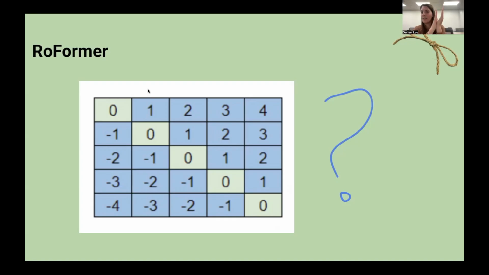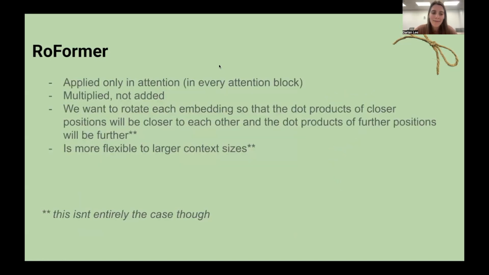And the vectors that are in further positions are going to be rotated further apart to make them have a smaller dot product. And what that would correspond to is something like this, where you have zeros in the middle, which means the position is the same, and so the dot product is very high, and then it's just going to get lower the further you get from having the same index. However, that's not actually what we do.